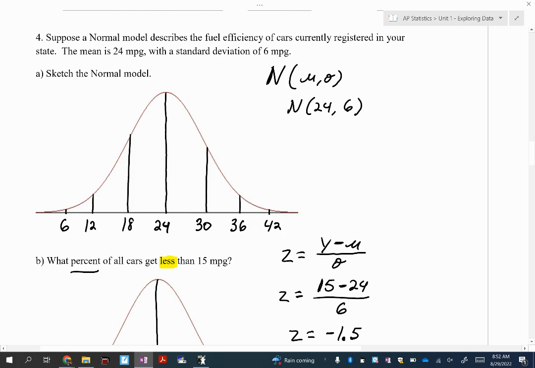So if you wrote my answer, I'm going to use 6 and 42. But the way I would also view this is you could also use 12 and 36. So it's your choice on how you want to do this.